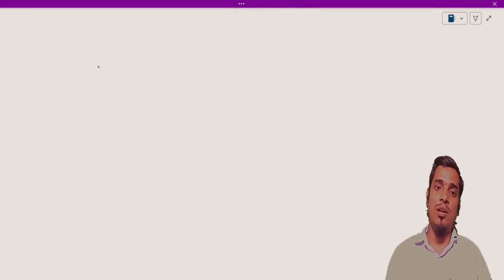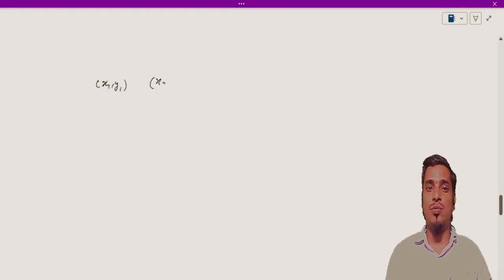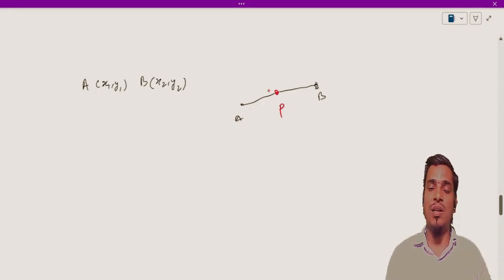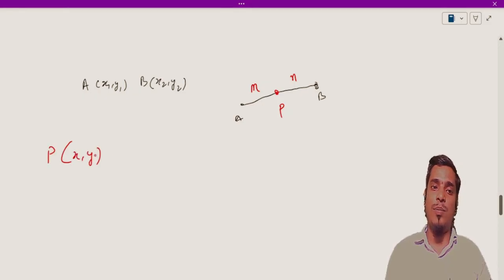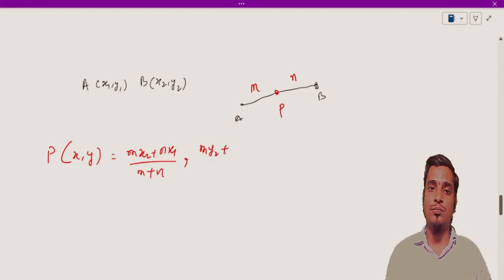We have already gone through the section formula. When we have any two points (x1, y1) and (x2, y2), and a point P which is dividing the line segment joining these two points A and B internally in the ratio m:n, then the coordinate of P is given by (x, y) equal to (m times x2 plus n times x1) divided by (m plus n), and (m times y2 plus n times y1) divided by (m plus n).